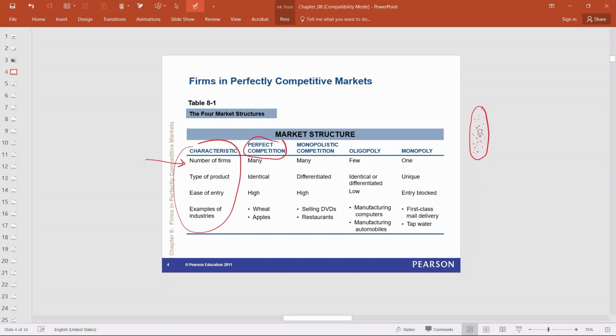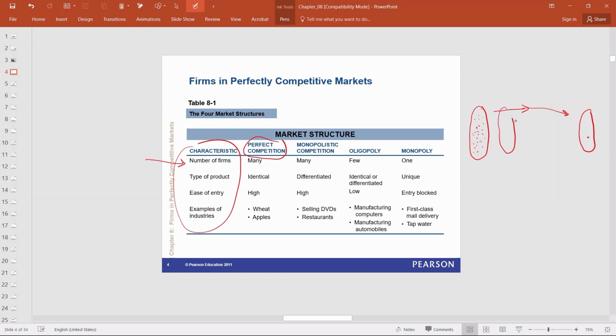So this is one of the extremes of market types. And then we have another extreme. And in this type, we only have one seller, and this seller is a monopoly. And in between, as we go to this direction, the number of sellers will go down.